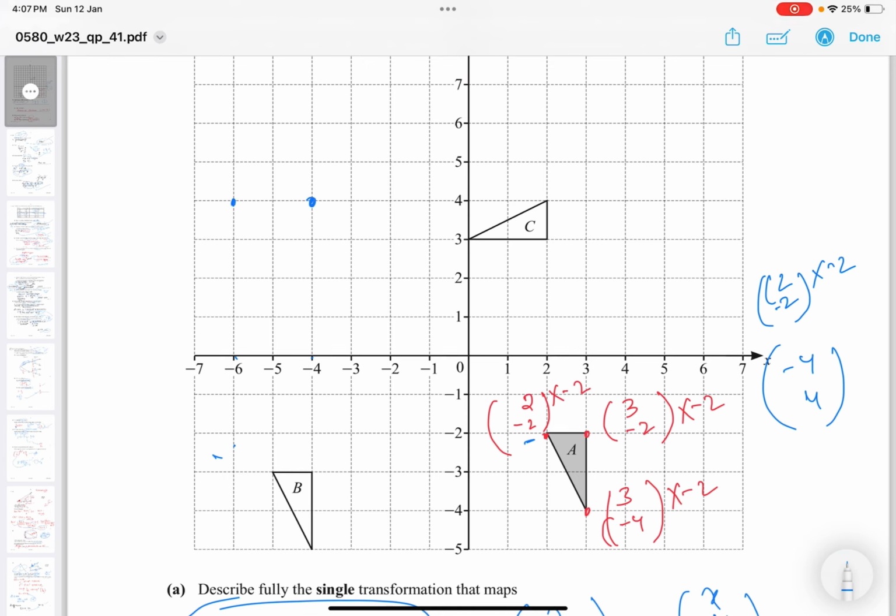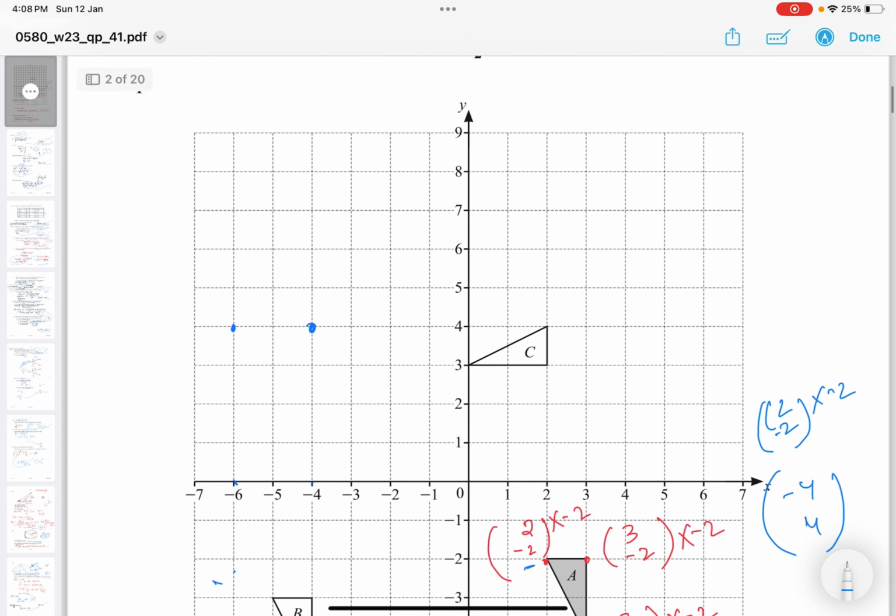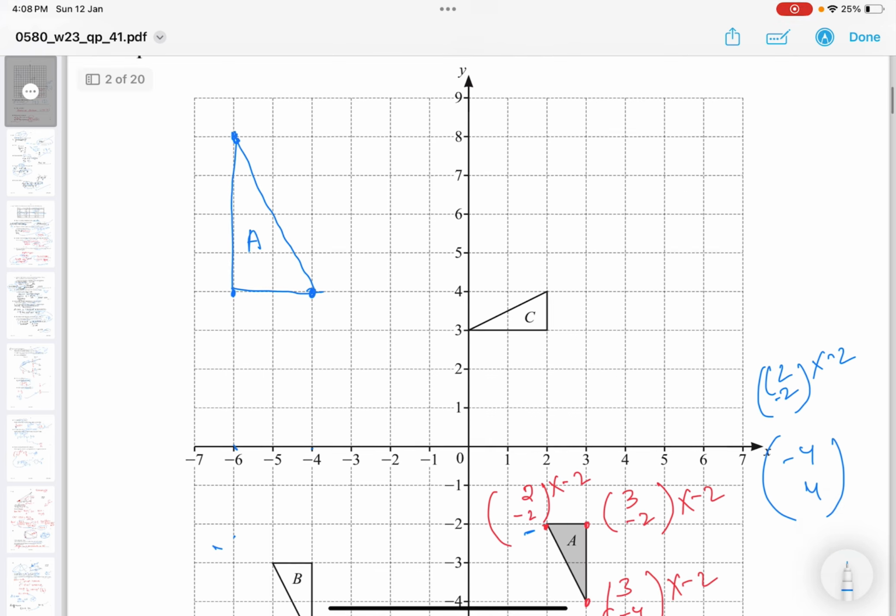Alright. And this one will become negative 6 and 8. So negative 6 is over here and 8 is over here. So our shape would be like this. This is our shape A.